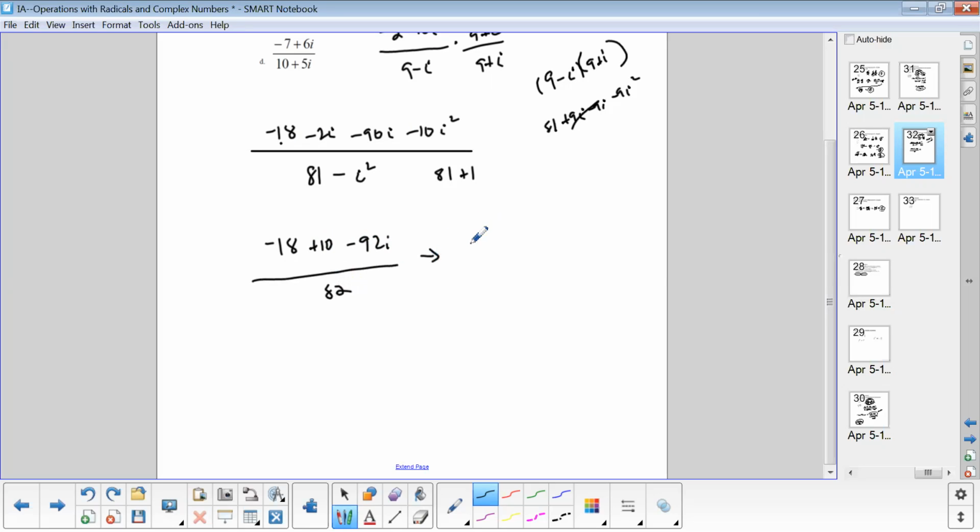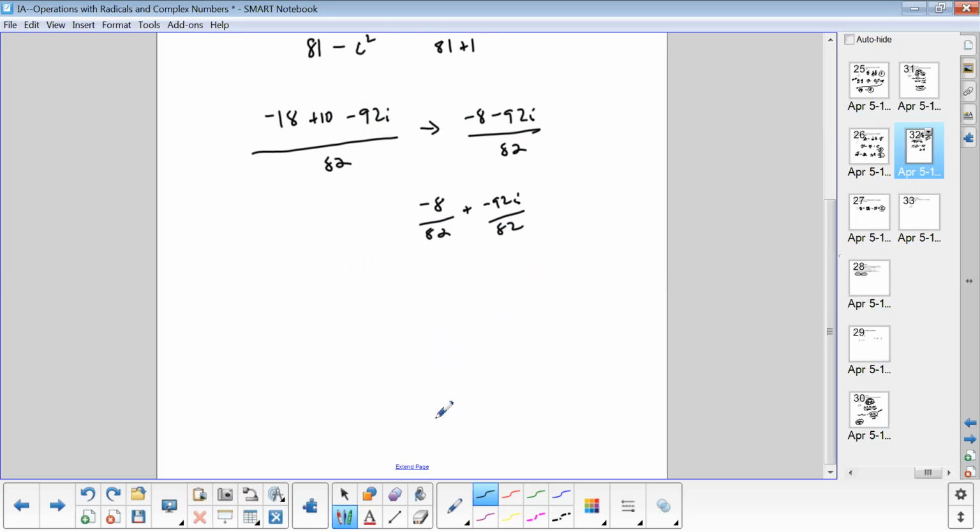And so then I'm going to have -8 minus 92i divided by 82. And then you want to try to simplify this as much as you can, because this is really -8 divided by 82 plus a -92i divided by 82.